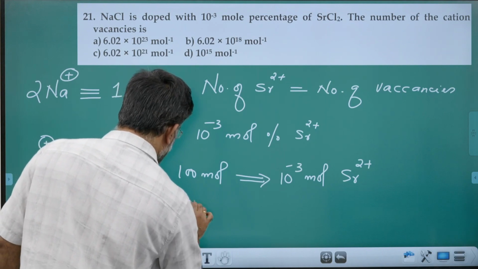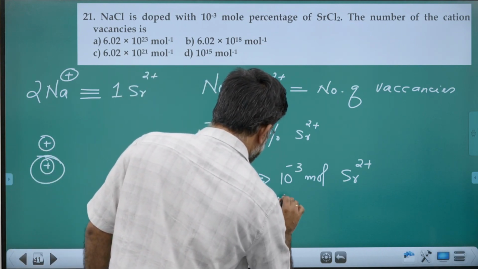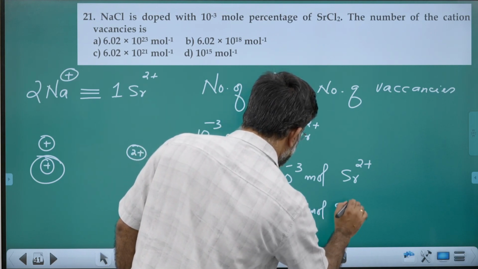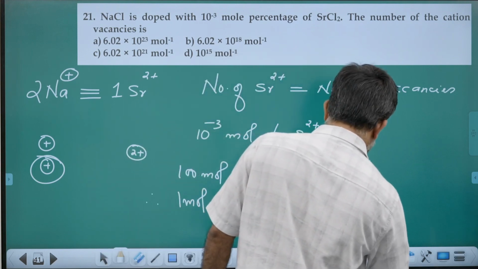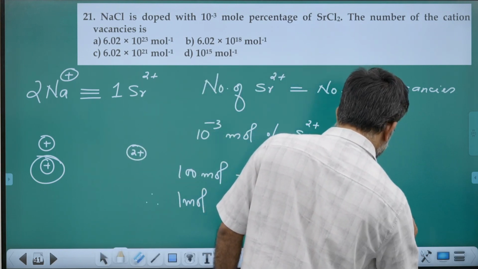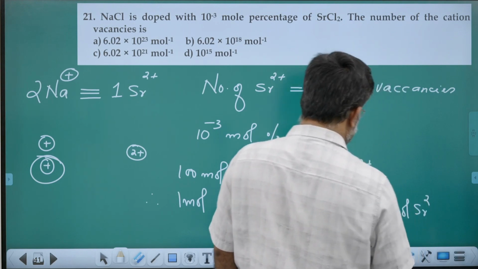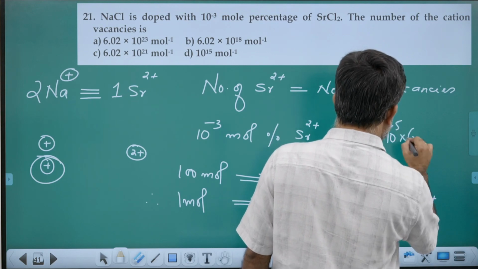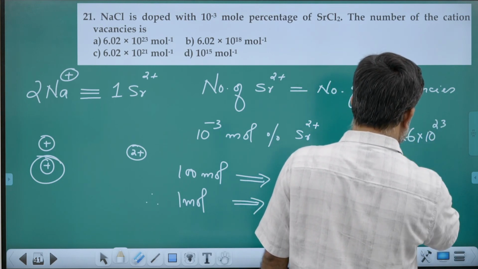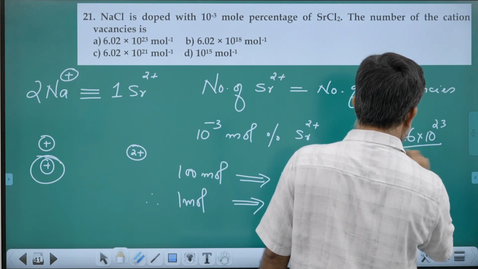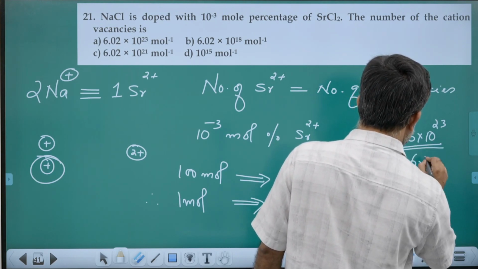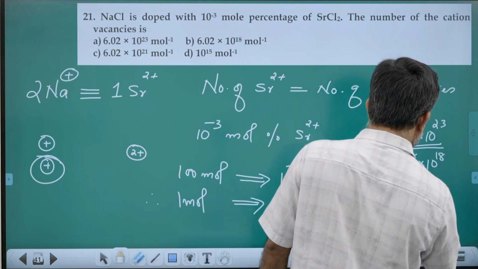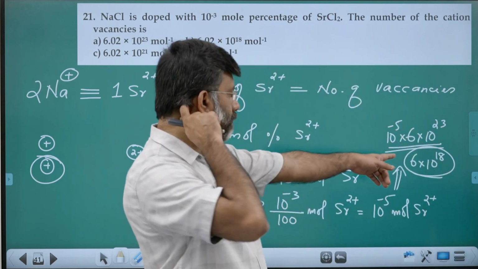Therefore, in 1 mole, there is 10 power minus 3 divided by 100, that is 10 power minus 5 mole strontium. Multiply by the Avogadro constant, and that is 6 into 10 power 18 strontium.